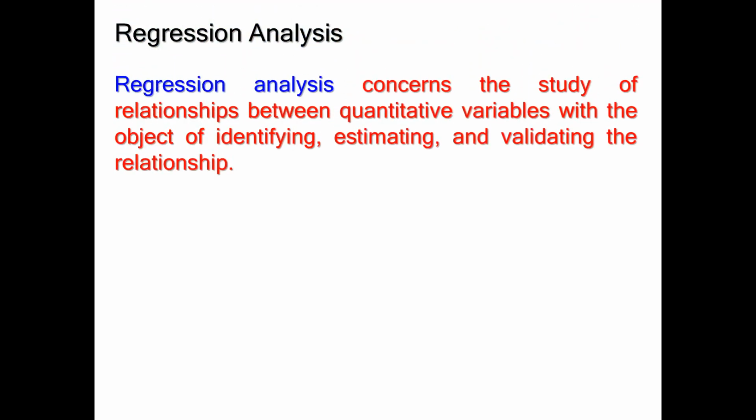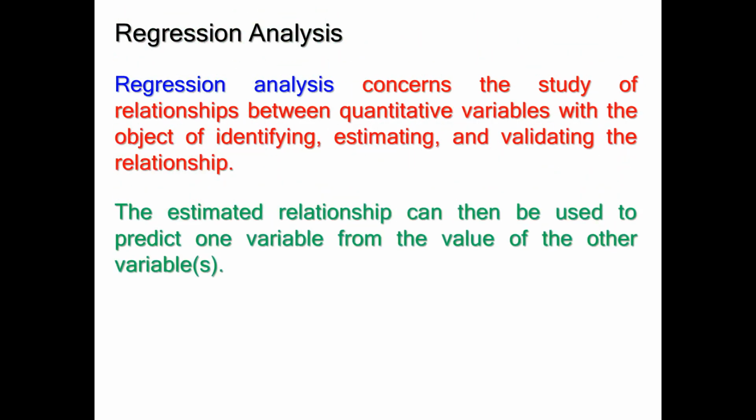Let's see something about regression analysis. Regression analysis consists of the study of relationship between quantitative variables with the object of identifying, estimating, and validating the relationship. The estimated relationship can then be used to predict one variable from the value of the other variables.